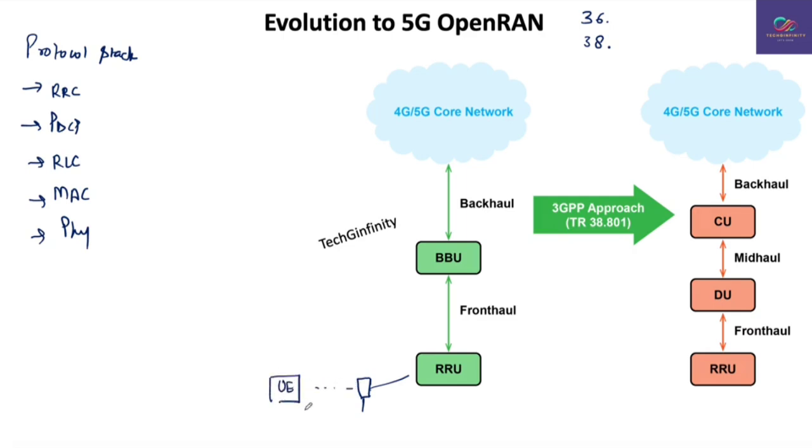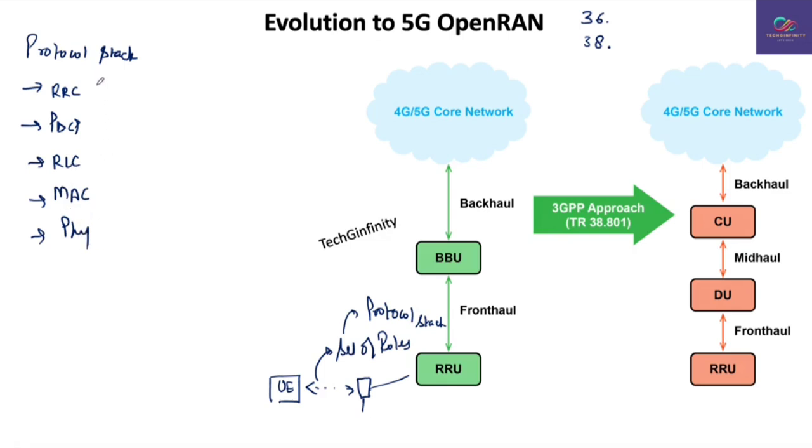We need to have connectivity between antenna and UE, and that connectivity has to follow a set of rules, called protocols, the protocol stack, in the form of different layers starting from RRC, PDCP, RLC, MAC, and PHY.